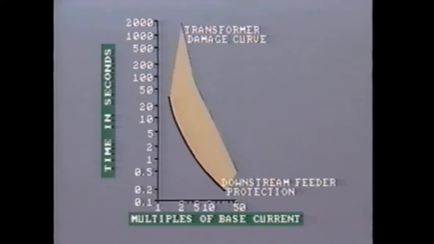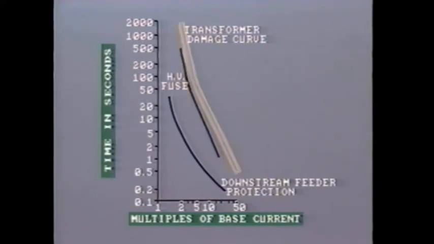Referring to the curve, it is apparent that we must choose a fuse or overcurrent protection setting that operates in this area. For any particular overcurrent value, this relay or fuse is slower in operation than the downstream feeder protection, but both operate in good time before the transformer thermal limit is reached.